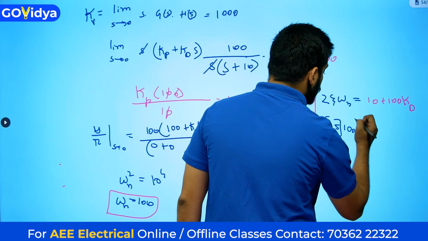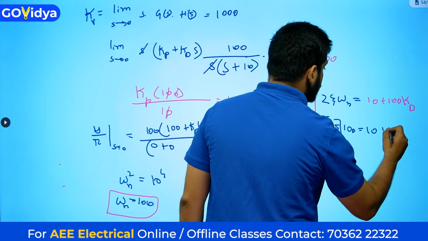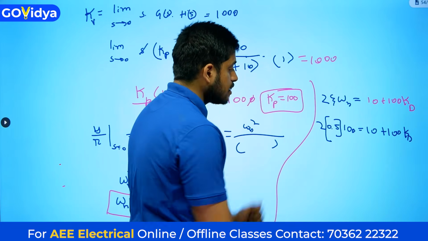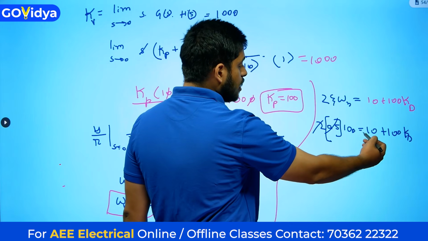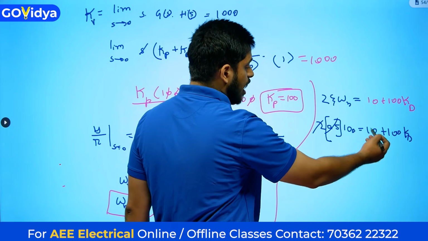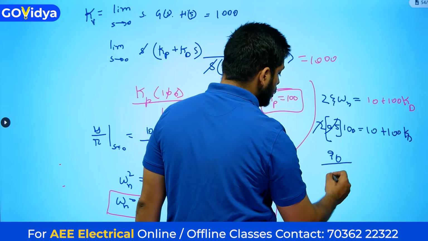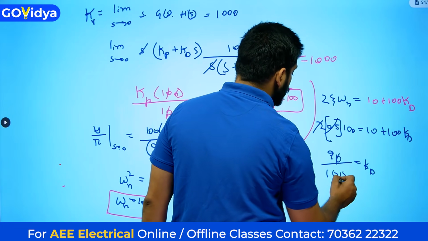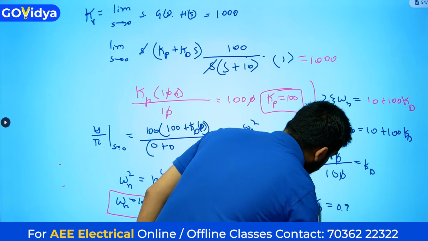This will be equal to 10 plus 100 KD. Solving this, the 0.5 terms on both sides cancel, and 10 will be sent this side, so 100 minus 10 is 90, and 100 will be sent this side, so 90 by 100 is equal to KD, where the 0s cancel, so KD will be equal to 0.9.